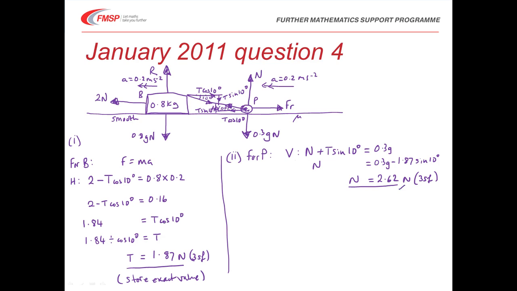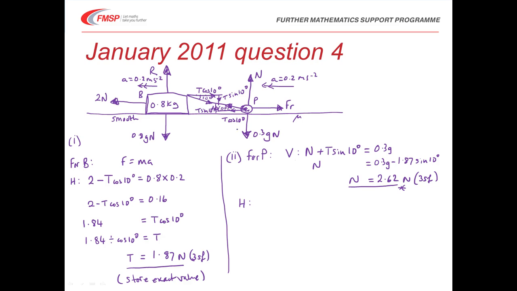Now, again, store the exact value of that so you can use it in the next part of the calculation. Well, we've dealt vertically, now let's deal horizontally with P. What's going on horizontally? Bearing in mind it's accelerating to the left, let's take the left as the positive direction.